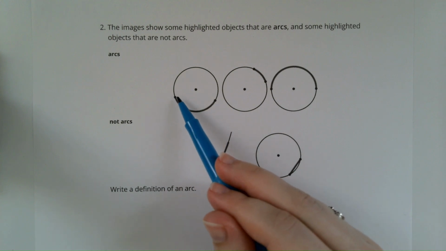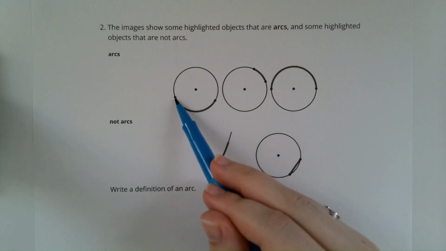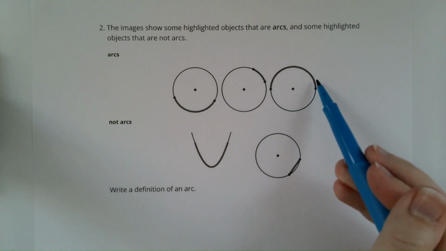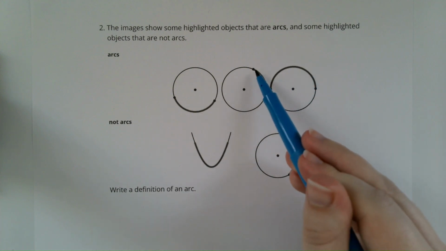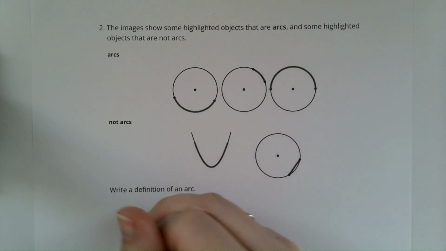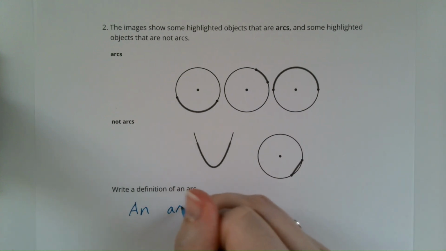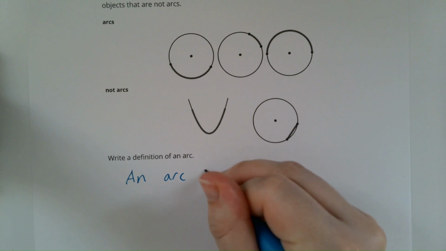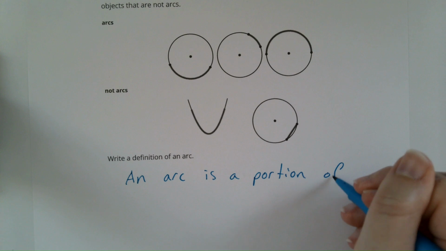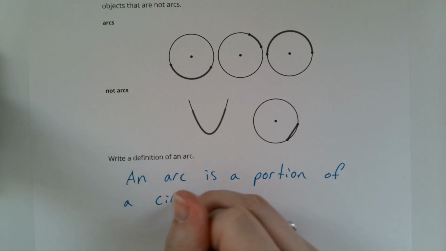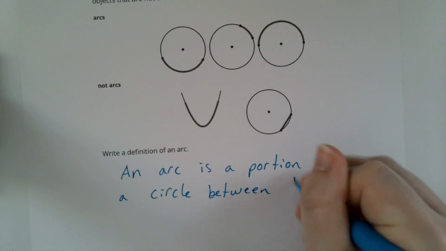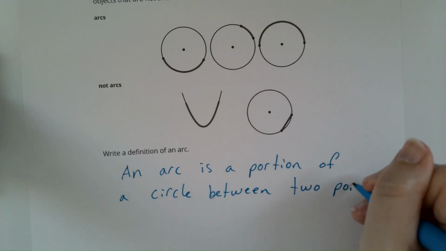So if you think about this arc, all of these are just parts of the respective circle that they're on. So an arc is just a portion of a circle that's between two points that are on the circle.